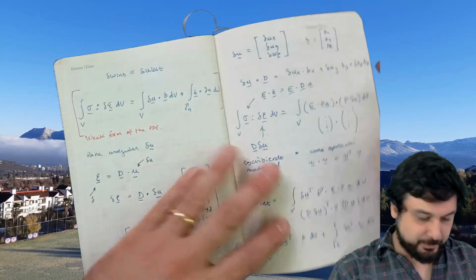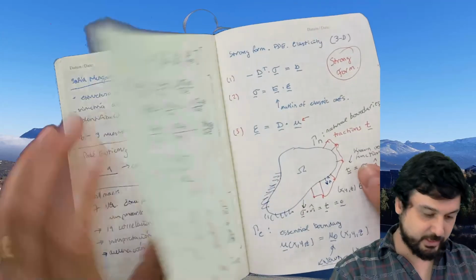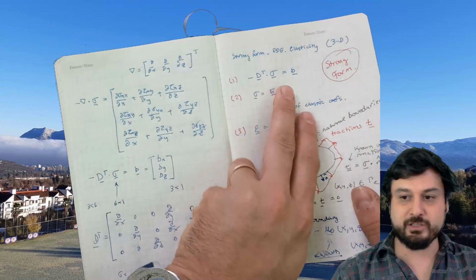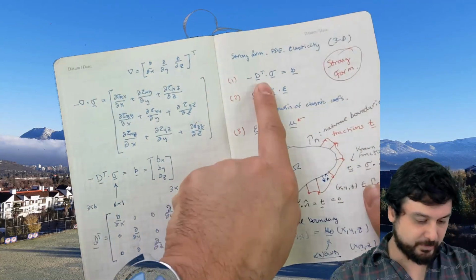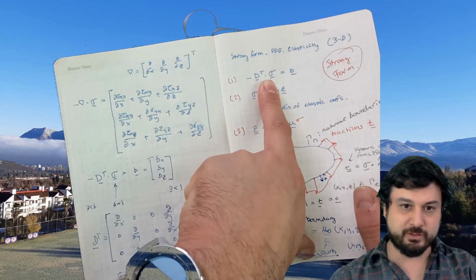When we state equilibrium using the strong form of the equations, here you have what I was talking about: the gradient of the stress tensor is equal to the body forces. What this means is that this is a point-by-point statement of equilibrium.